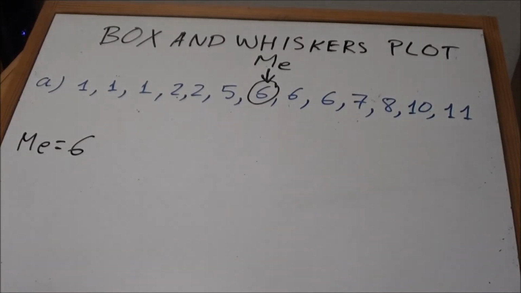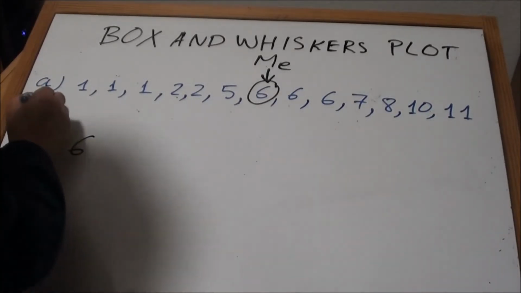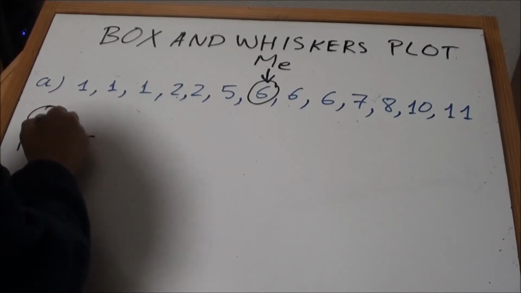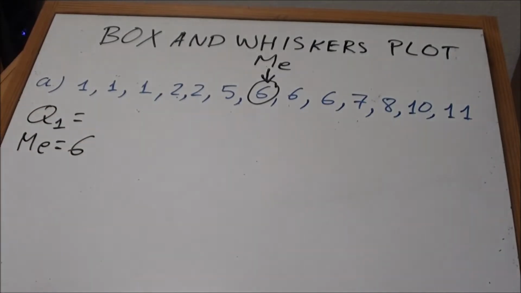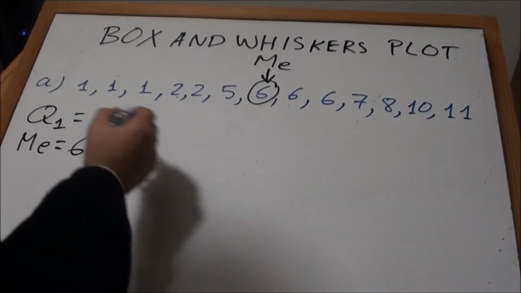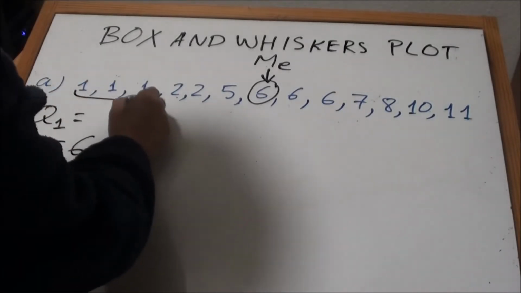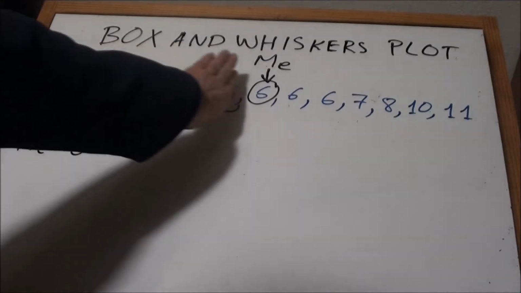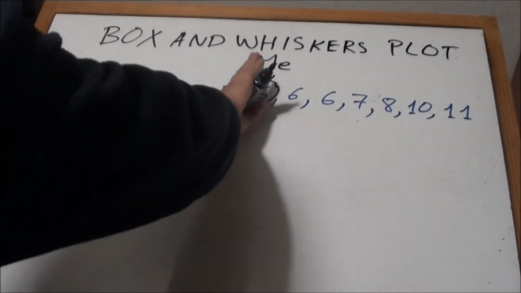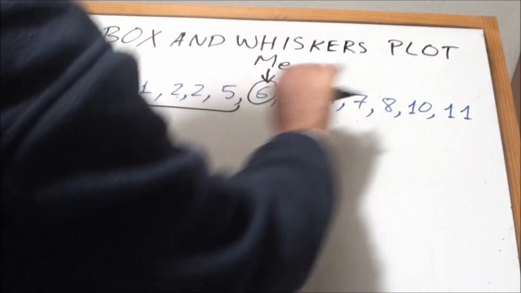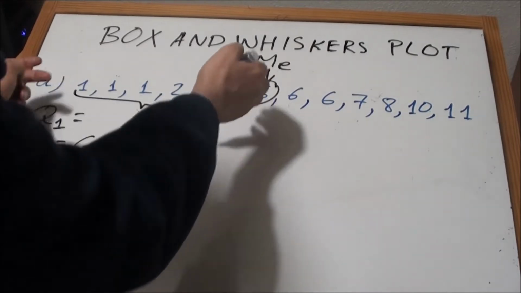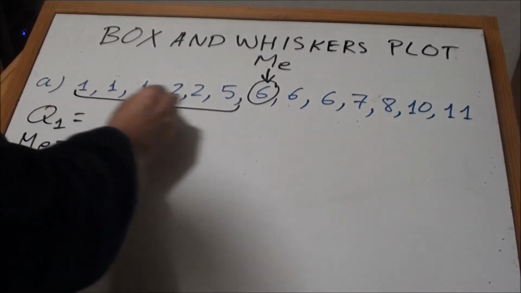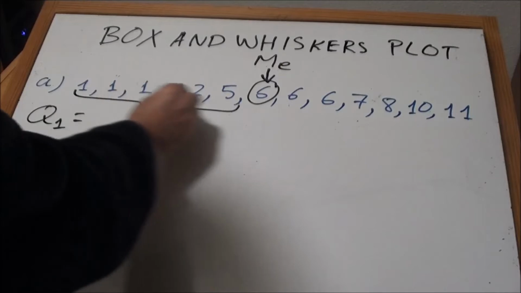And now we are going to find the quartiles. We are going to find quartile 1. What is quartile 1? And why do I put it on top of the median? Why not here? Because it goes first. For quartile 1, we are going to take the first part of the distribution. So we forget about all that. Focus on this part and let's find the median of these data.